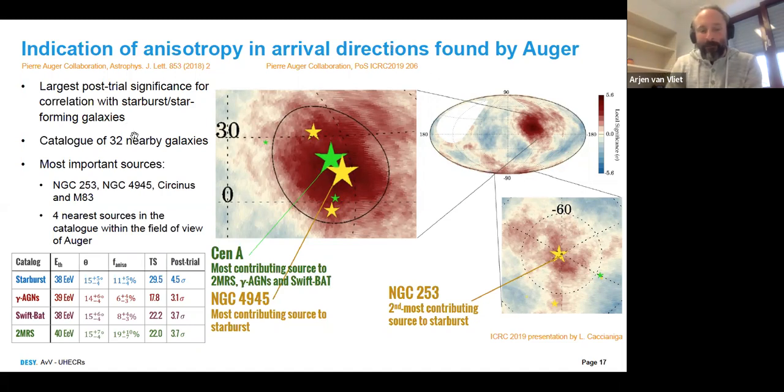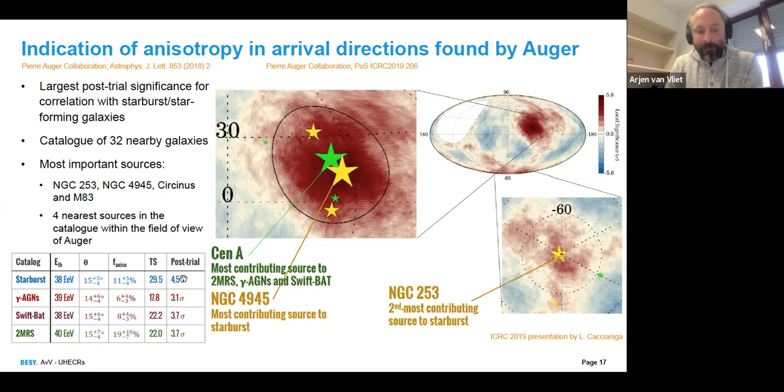Auger has done several analyses on these sky maps, trying to see where they get the largest significance for correlations, and what they found is basically summarized in this table here.